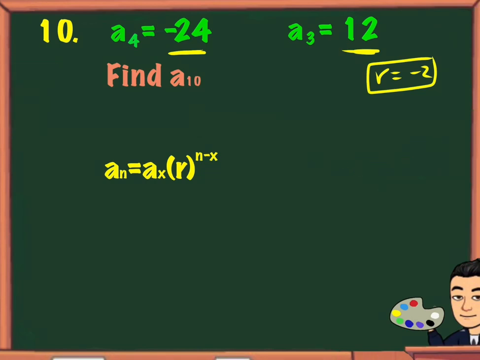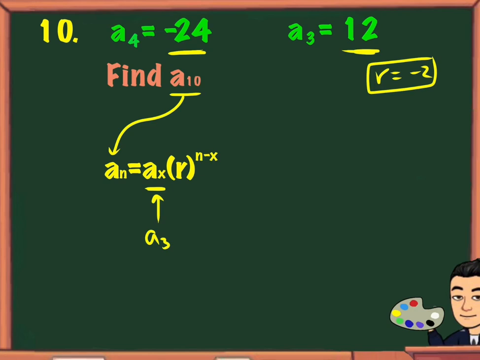Now I'm going to use the same formula to get a sub 10. All you need to do is plug in a sub 10 there. You're going to pick one of the two to plug into a sub x. I'm going to put a sub 3, but you can put a sub 4 if you want to.